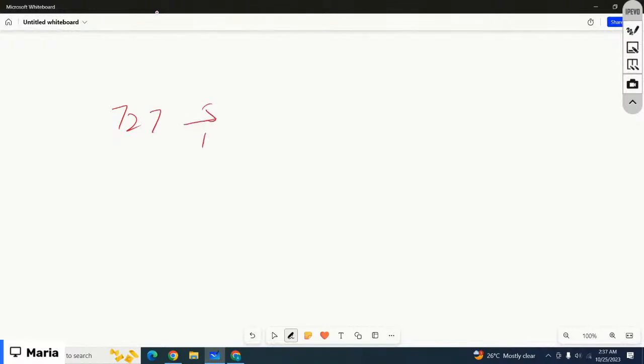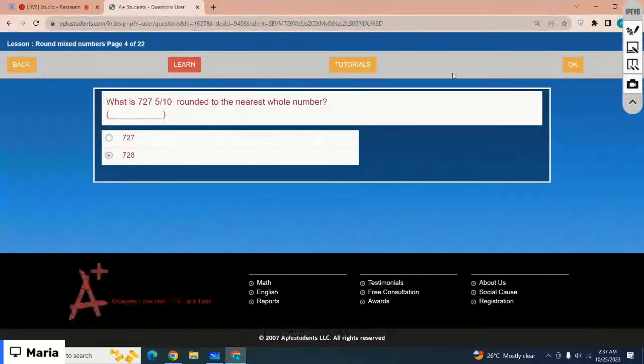So 5 over 10 is exactly equal to 1 over 2, right? That means you have to round up, so you round it to 728. The correct option is 728. Got it?